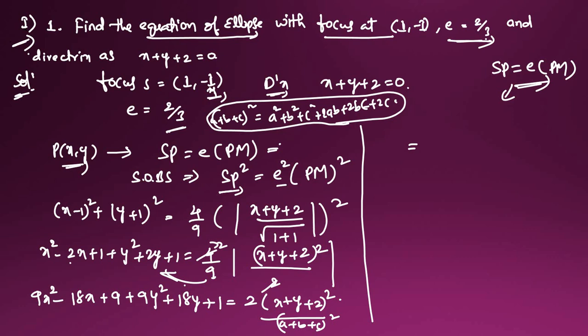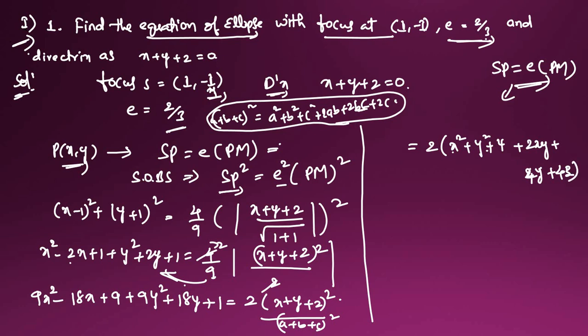Right side I'm writing here. So here 2 into (x square plus y square plus 4) will come. 2ab means 2 into ab, so here 2 into xy will come. After that, 2bc means b is y into 2, so 4y will be there, plus another thing, 4z, will come here.